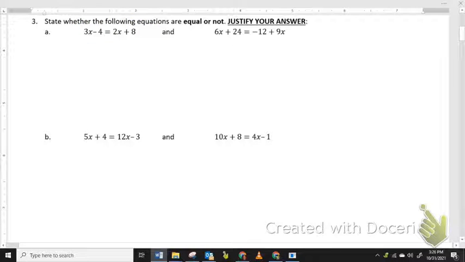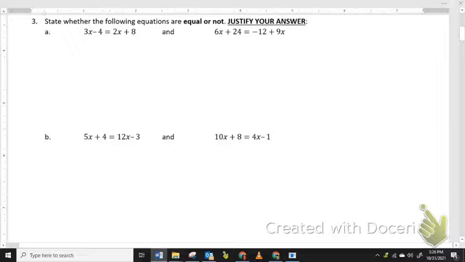I decided on 3 because I see 3 and 4 and 2 and 8, and here I see 9 and 12 and 6 and 24. So I know that all the numbers over there on the right are multiples of the ones on the left.